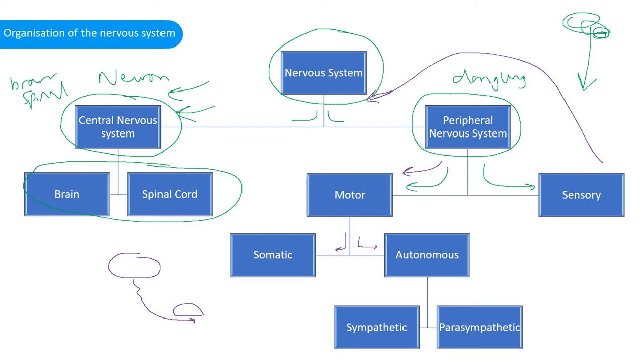So somatic nerves are voluntary. If you want to contract your muscle right now, if you want to contract your bicep and do a bicep curl, you can do that. You can cause a bicep curl, and that's because you're using a somatic nerve, a motor nerve. So it's a motor nerve that is somatic, and it's part of the peripheral nervous system.